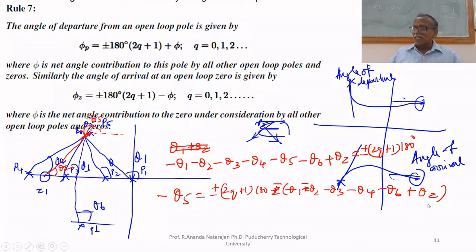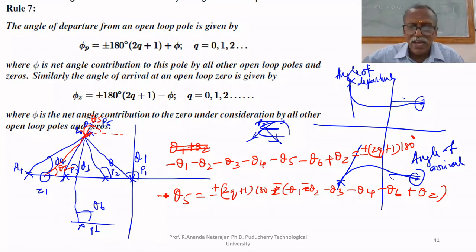Theta 1 is equal to the angle made by the line joining P5 and P1 or the line joining S0 and P1. Because S0 and P5 are very close to each other, the angle made by P1 and P5 and the angle made by P1 and S0 are the same.